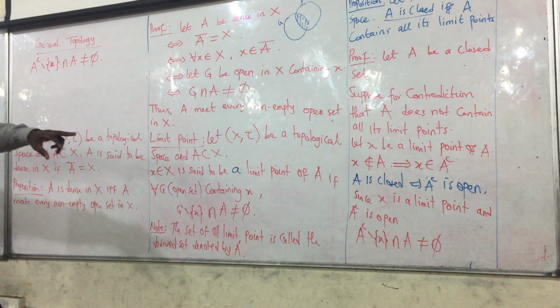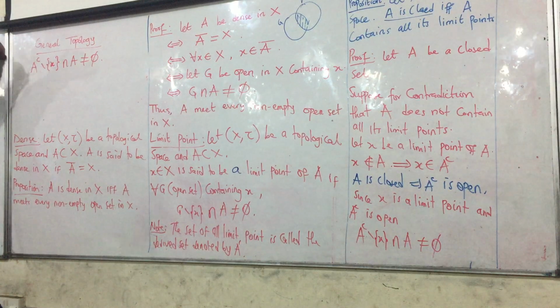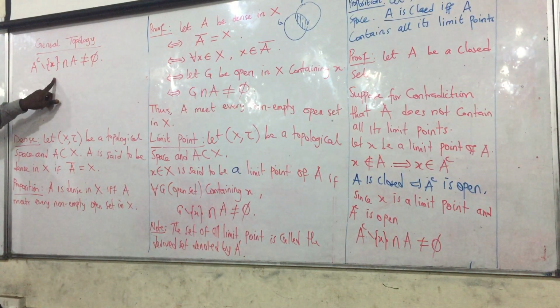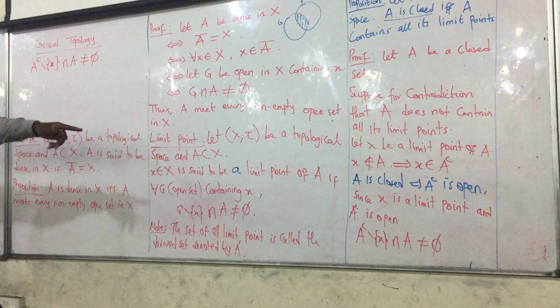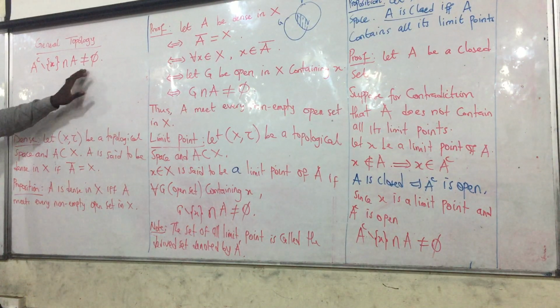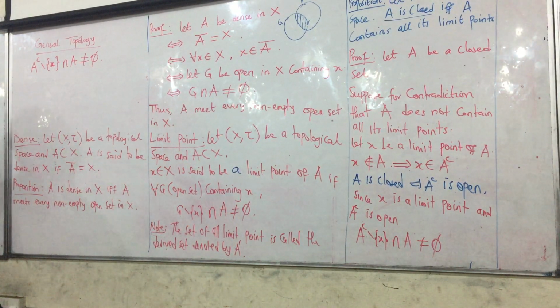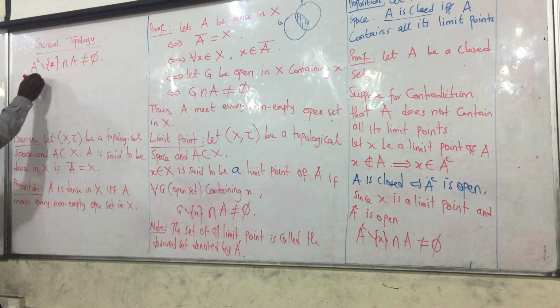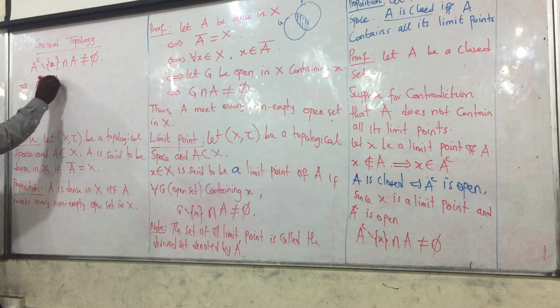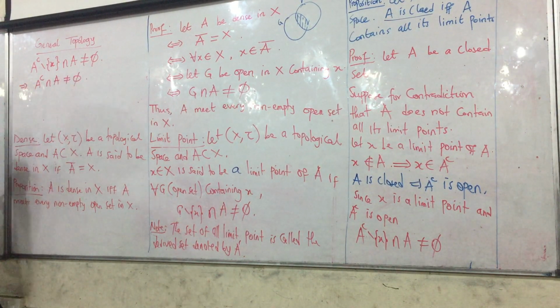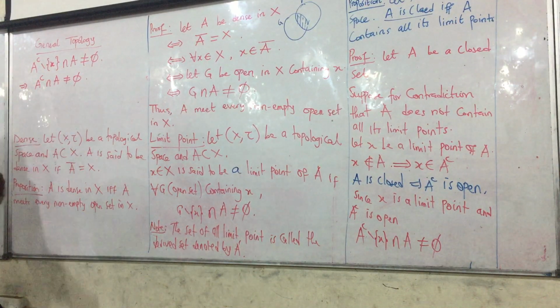Now, look at it. S is in A complement, and I have removed the S. And A itself, S is not here, but it's not empty. So it means that A complement intersection A is not empty. How is this possible?